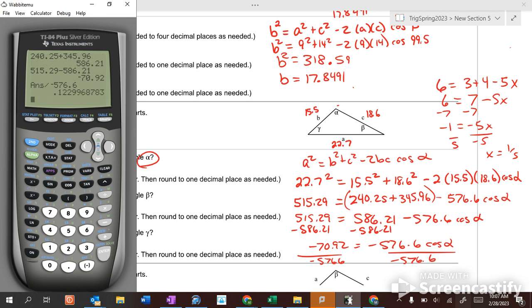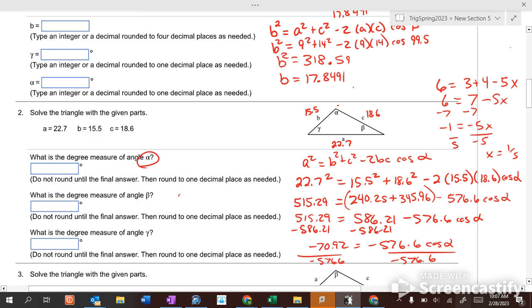And then you take the inverse cosine of the answer. And finally, we get our angle of 82.9.